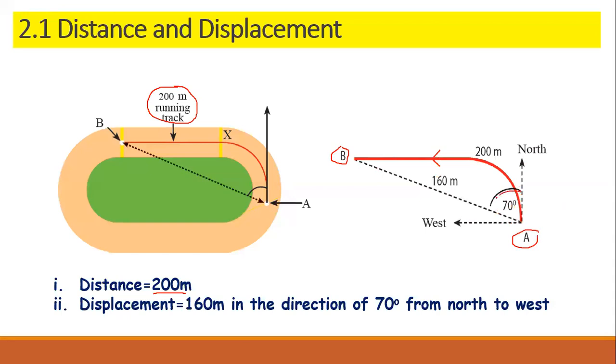And the straight line length between A and B is 160 meters. So the displacement is 160 meters in the direction of 70 degrees from north to the west. That is our complete answer.